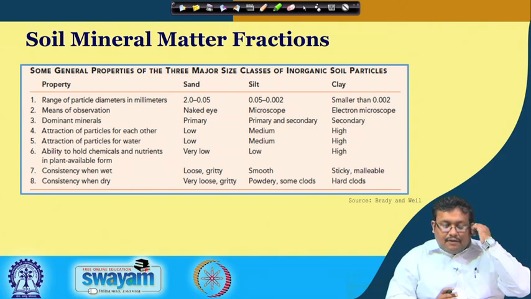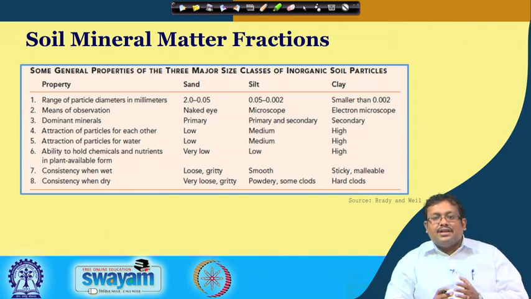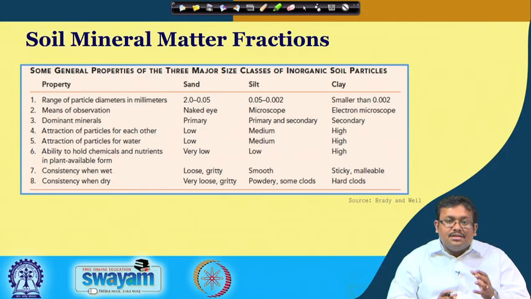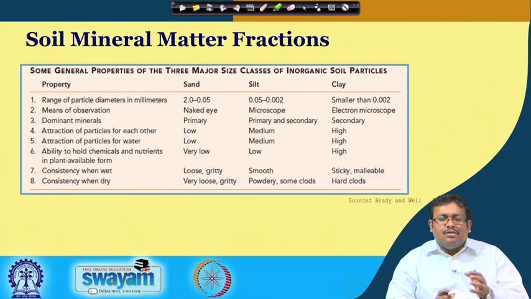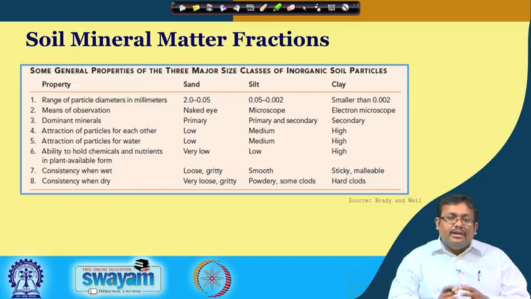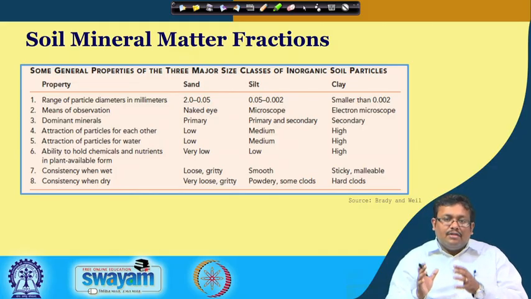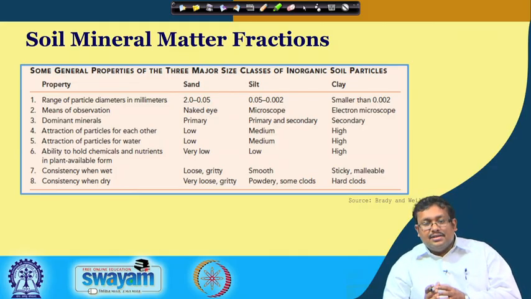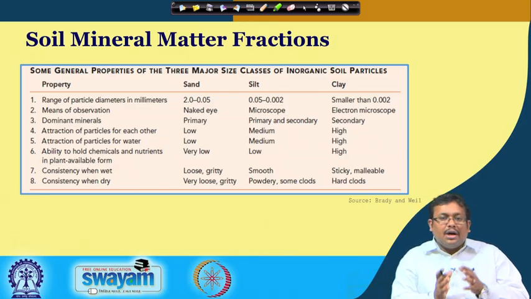In the sand and silt fractions, you will see dominance of primary minerals, with some amount of secondary minerals in silt. However, clay will have dominance of secondary minerals. We will discuss in detail what the primary and secondary minerals are.